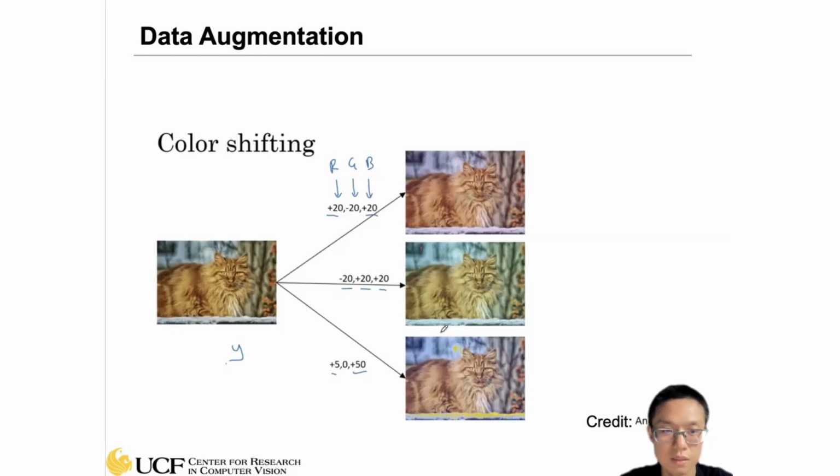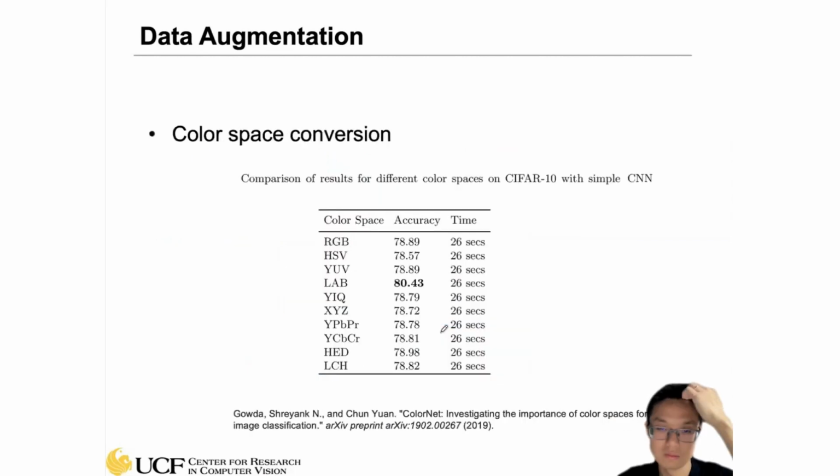So these are color shifting. And you can also do color space conversion, right? So we have RGB, HSV, and YUV, different color spaces. You can also convert the image into a different color space and use that as a new image, right, as an augmentation method.